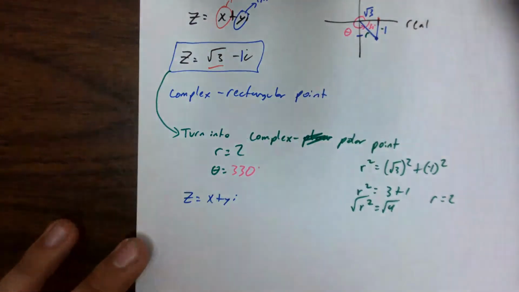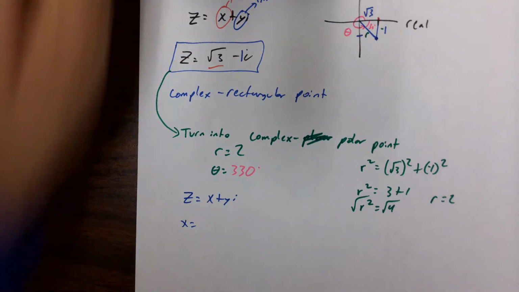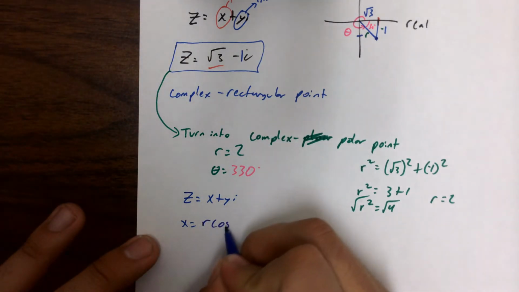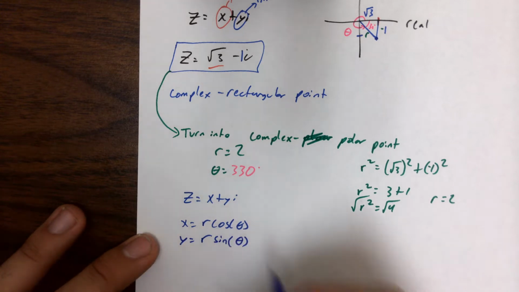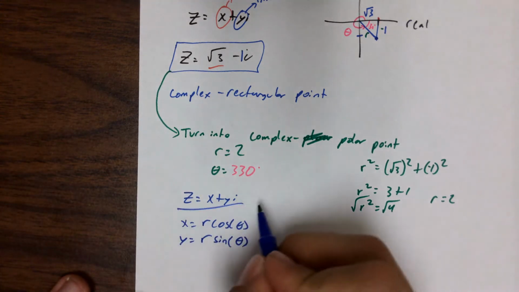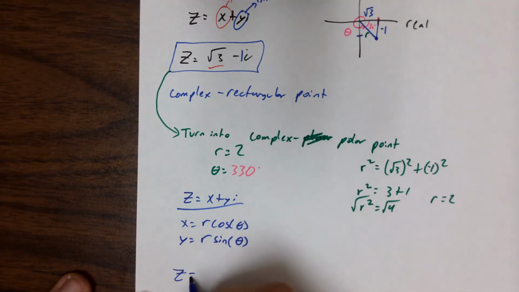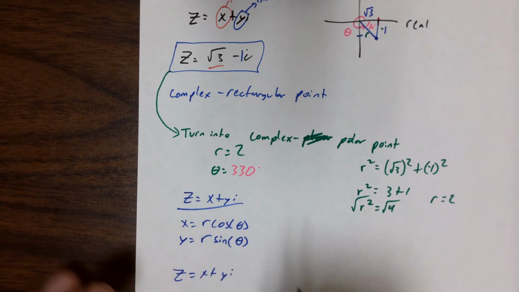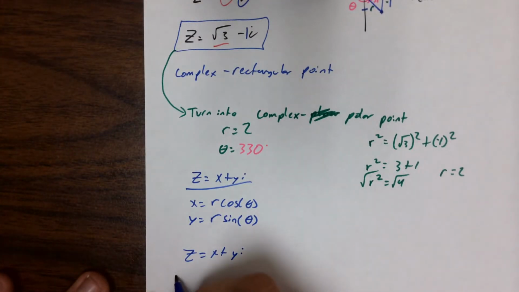I know that x equals r cosine of theta and y equals r sine of theta. Therefore, I can turn this point, this z equals x plus yi, remember, this is rectangular.